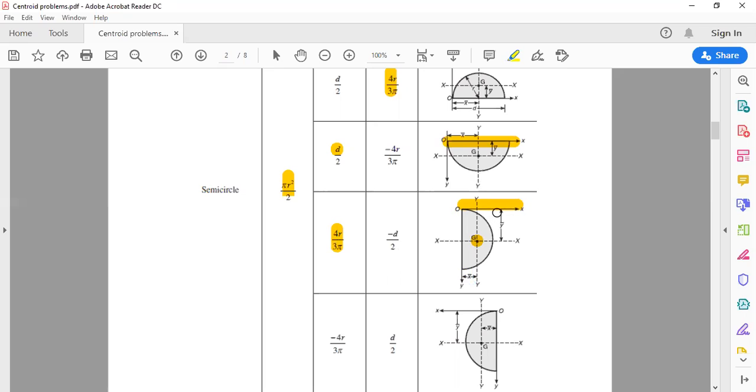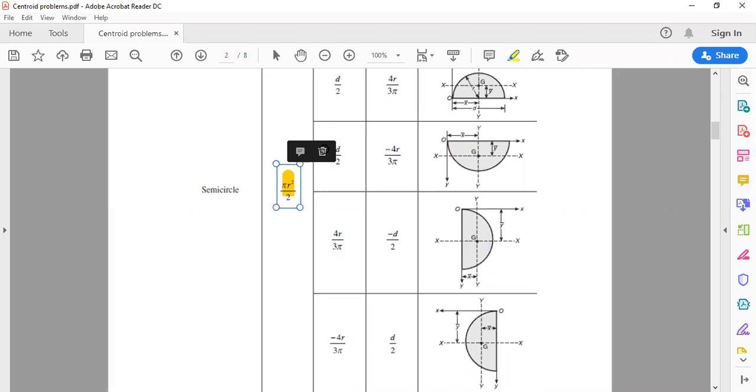And since we are measuring the distance in the negative side of y-axis, we have written it with minus sign, that is minus d by 2. So you have just noticed the change in x bar and y bar as the orientation of the diagram changes.